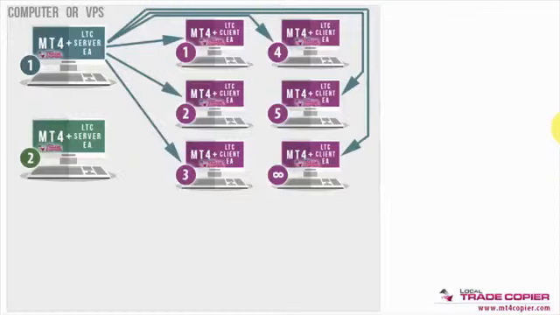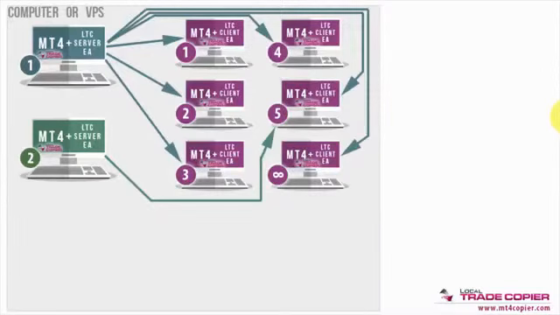So the only thing I would need to change is the group for that server EA, and create another group of trades, another group of MetaTraders. Then I link this master account number 2 to copy trades just to the MetaTrader client account number 5, as an example.